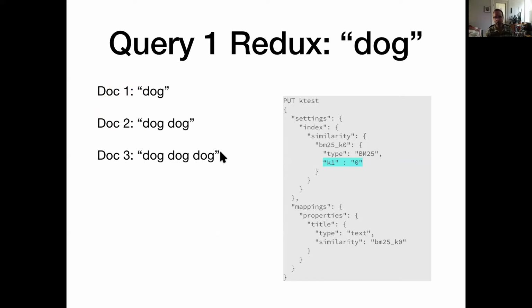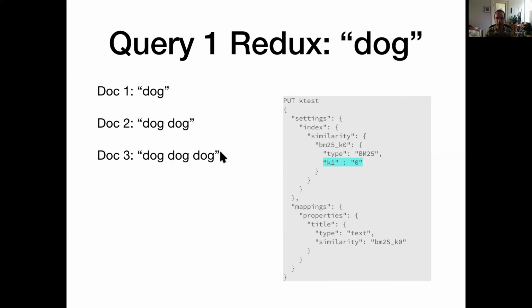So as K gets lower, terms saturate faster, meaning that if a term occurs once, it's considered already highly saturated, and each additional occurrence of the term in the document will give a very, very low additional contribution to the score.